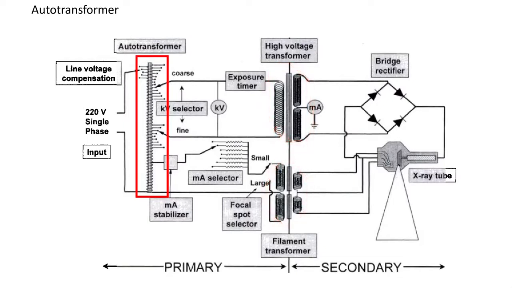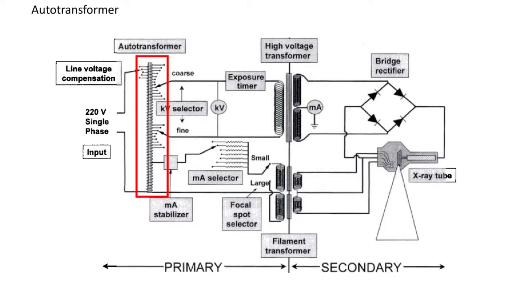As you can see, there's one set of windings here and another set of windings here. This is a typical transformer, but over here with the autotransformer, there's only a single set of windings. And how it works is that it uses tabs.